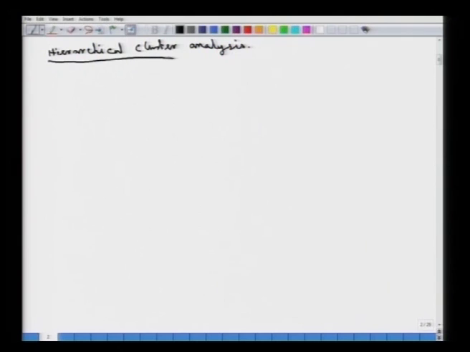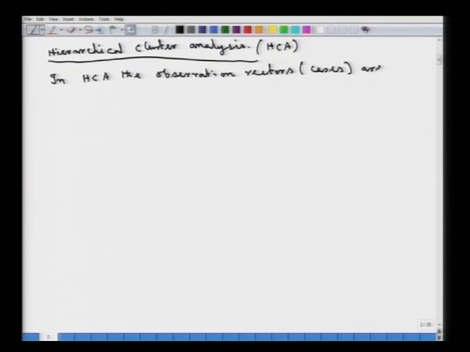Now, let me give some basic points. In hierarchical cluster analysis, let me call this HCA, the observation vectors, which basically are cases, are grouped together on the basis of self similarity, or on the basis of their mutual distances.